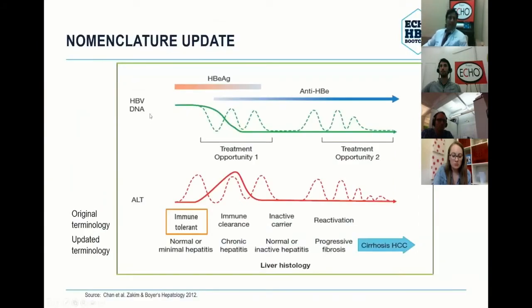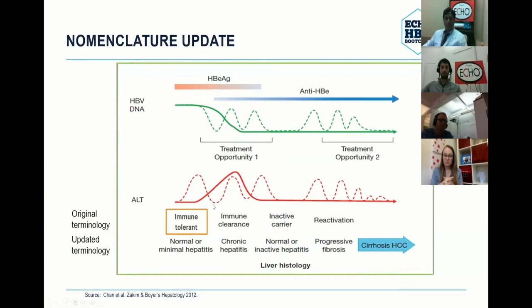So when we're thinking about how the ALT and hepatitis B DNA behave during the course of chronic hepatitis B, you'll see that ALT levels can fluctuate. During these fluctuating courses, if you are doing tests rarely or sporadically, you may be testing only when the ALT is low, which could be the situation with our second patient.